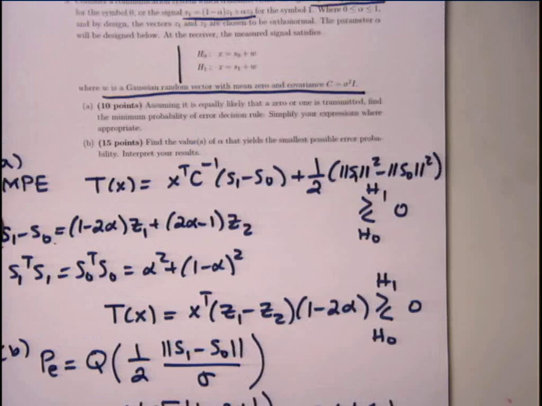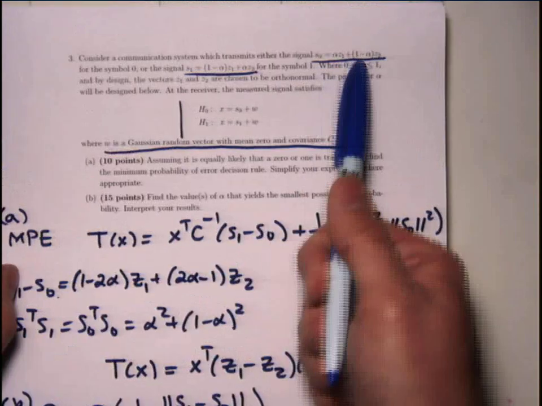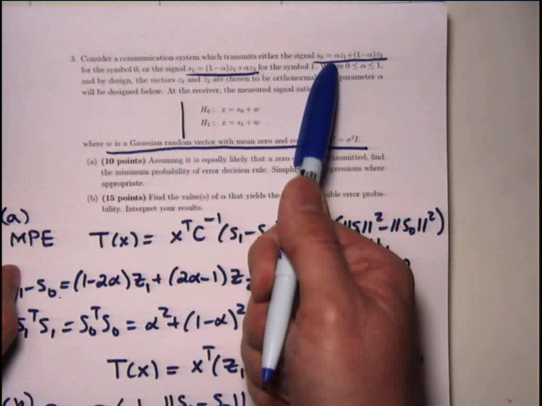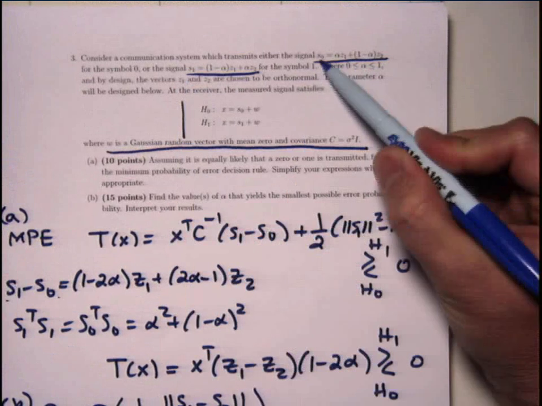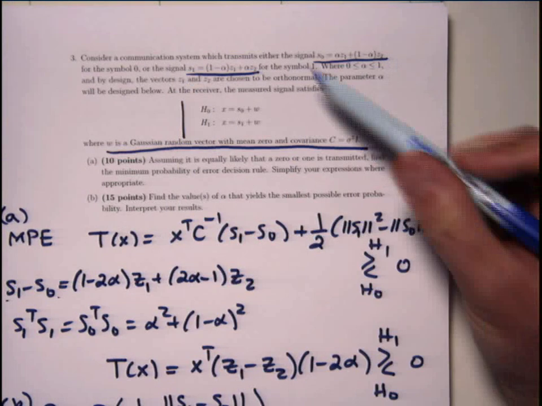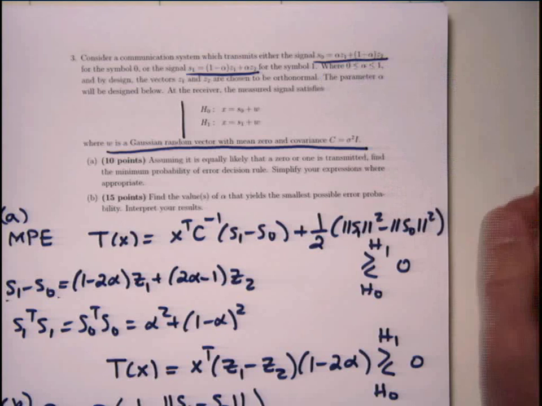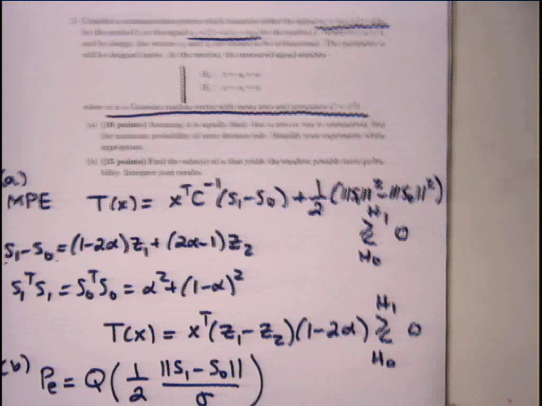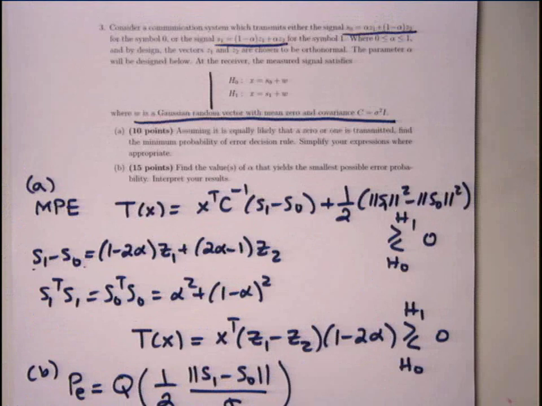But if you want, you can also take these two, alpha equals 0 and alpha equals 1, and go up here and look at what that means for the signals S0 and S1. If you pick alpha equal to 0, then S0 is just Z2. If you pick it to be 1, then S0 is just Z1. So what this is telling you is you have designed a system which has a parameter that you didn't really need to design.